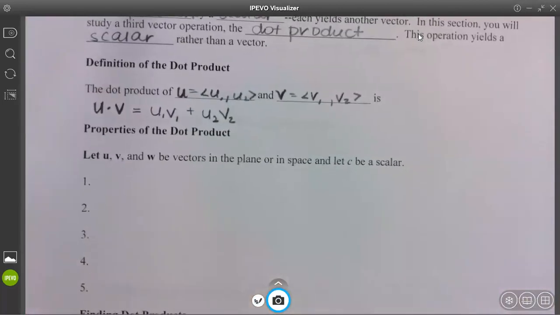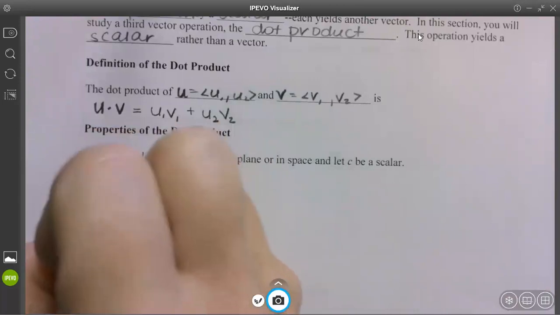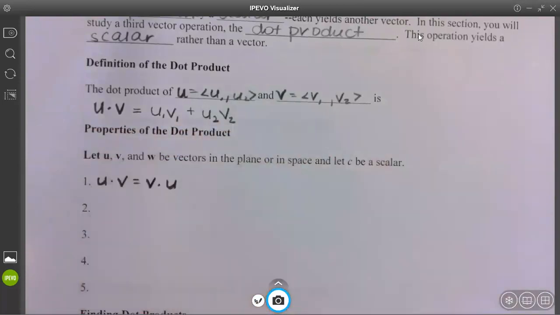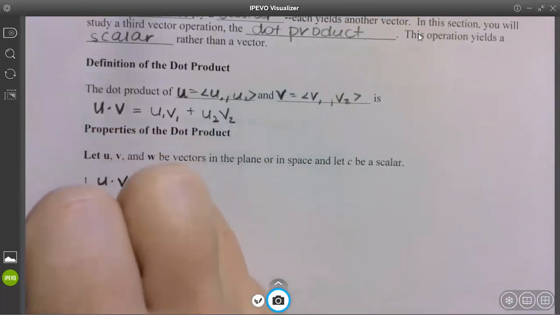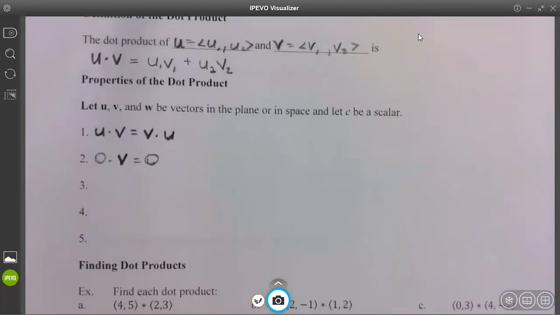There are 5 properties of the dot product. We're going to let U, V, and W be vectors in the plane or in space, and let C be a scalar. So U times V is the same thing as V times U. Zero times V is 0.